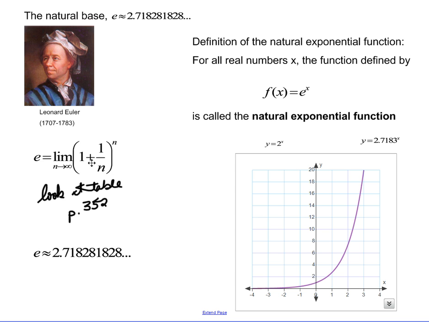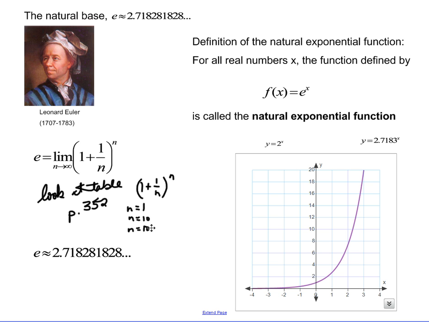What that little table says is that it takes this quantity, 1 plus 1 over n, all raised to the power n, when n is equal to 1, or n is equal to 10, or when n is equal to 100, and so on.